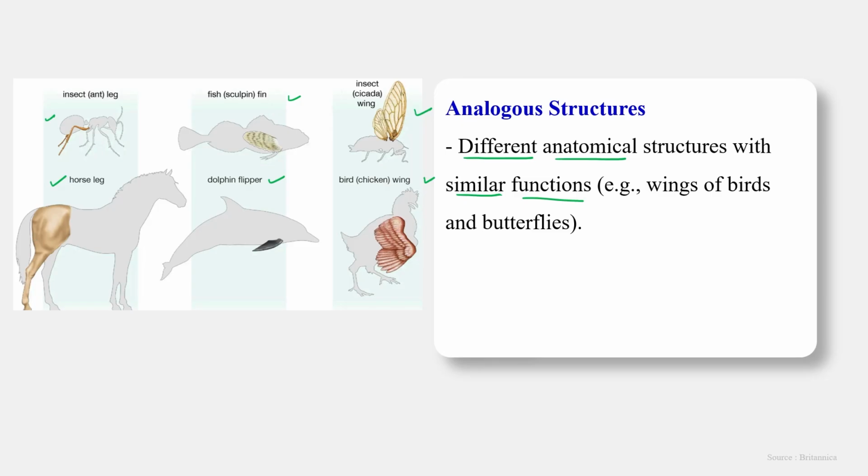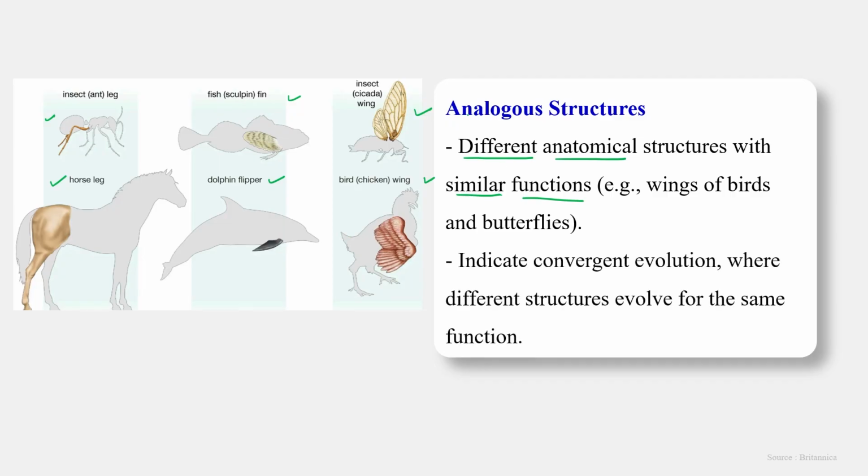So different anatomical structure but similar kind of function. That time we can use the term analogous structure, and this indicates convergent evolution, where different structures form for the same kind of function.